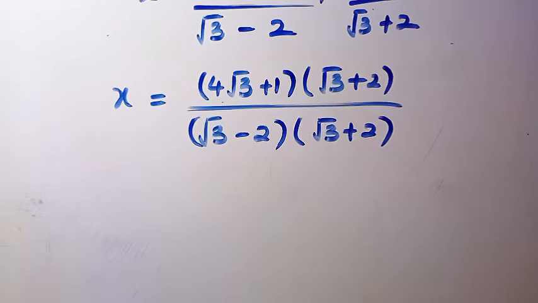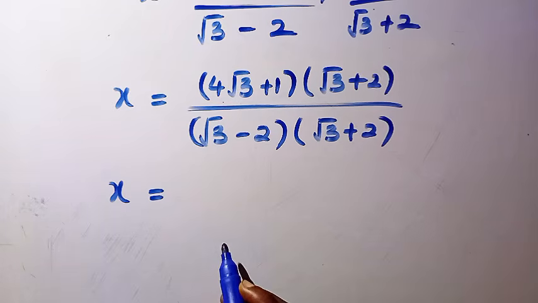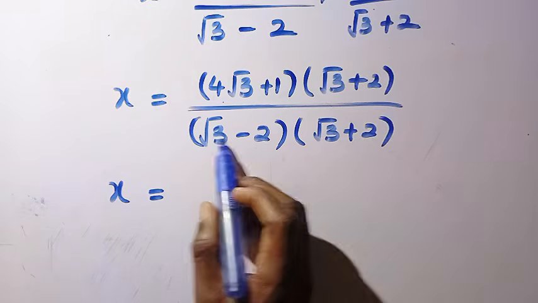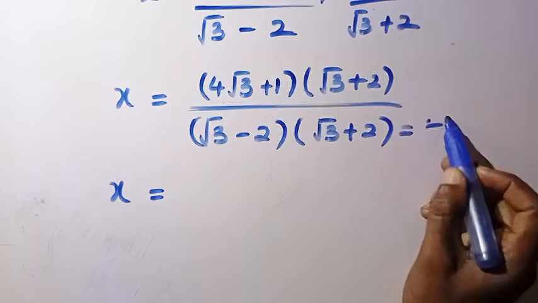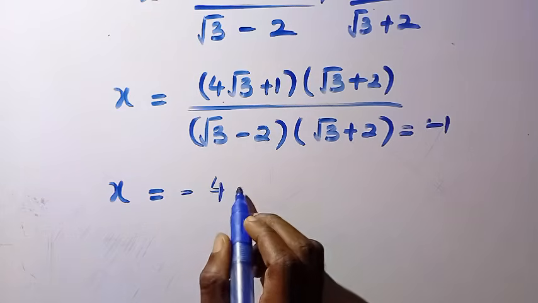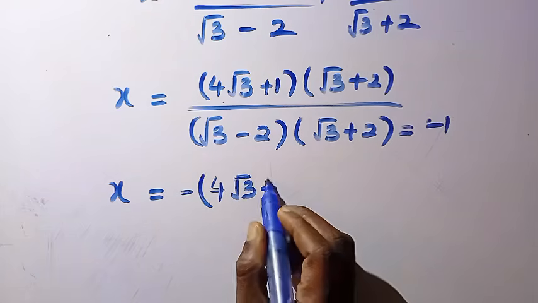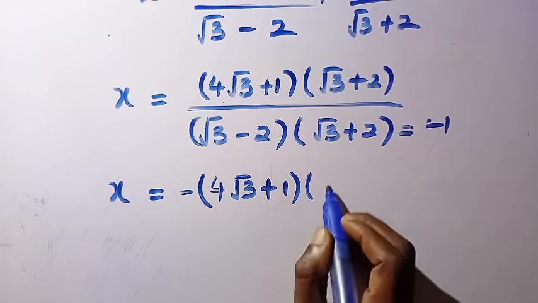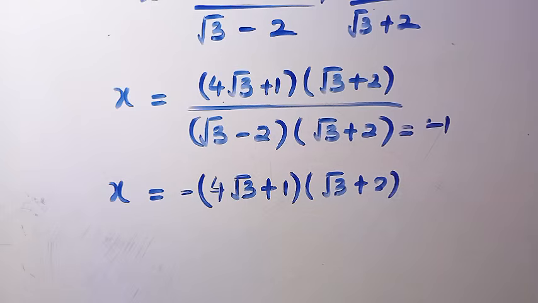And next, if we multiply the denominator together, we are going to have minus 1. So the whole of this gives us minus 1, and the numerator becomes minus bracket 4 root 3 plus 1, bracket root 3 plus 2. So this is for the value of x.